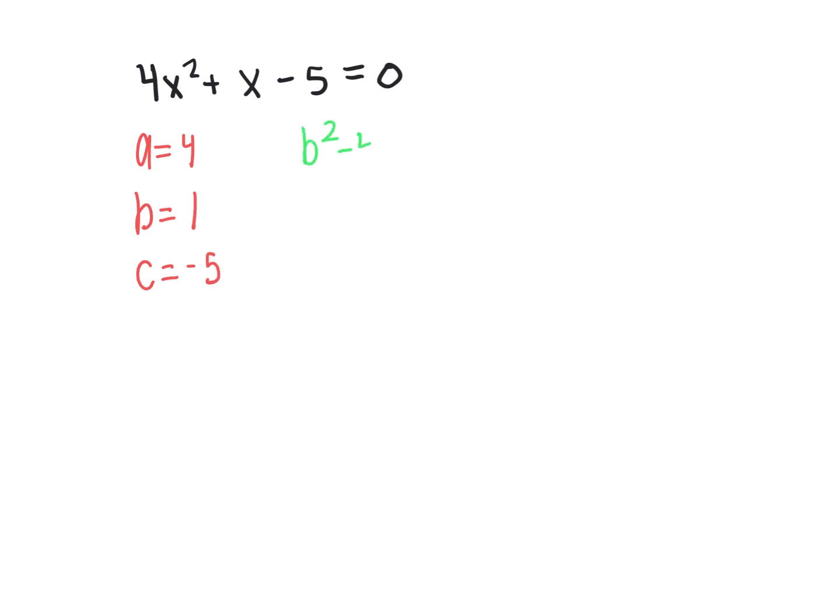I will then calculate the discriminant. One squared minus 4 times A, which is 4, times C, which is negative 5.